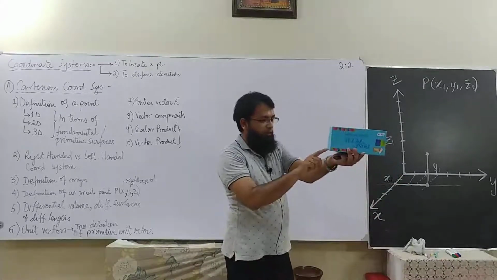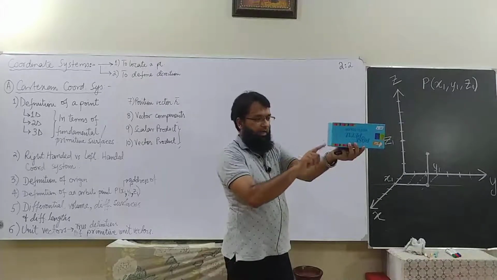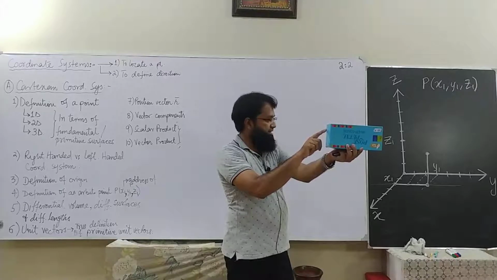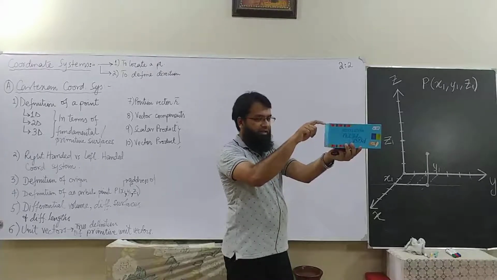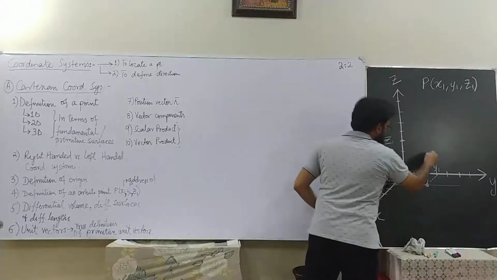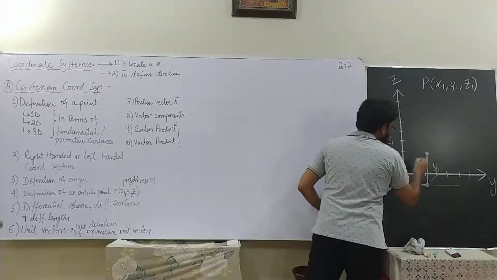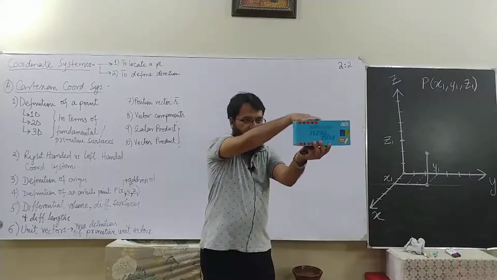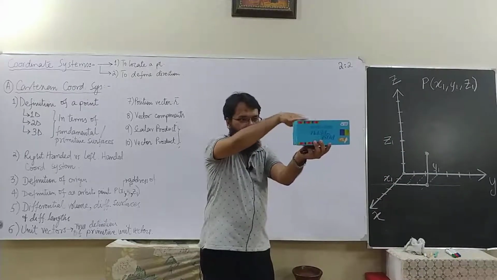But as soon as we moved upward, how many units? z1 units. We reached a certain point, and that point is lying on another plane now, and that plane is the z equals z1 plane.